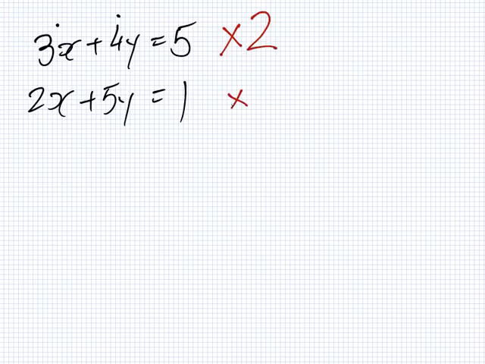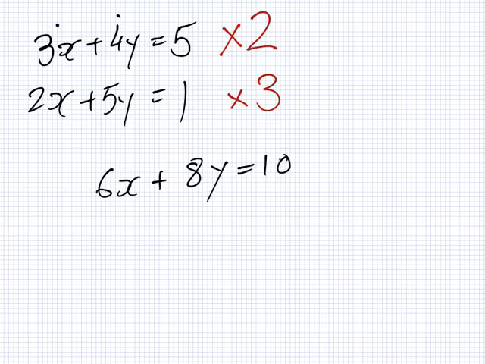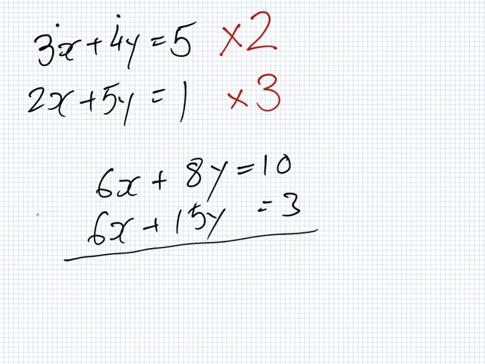Multiply by 2. Multiply by 3. So we get 6x plus 8y equals 10. 6x plus 15y equals 3. Now we can minus. They go 0.